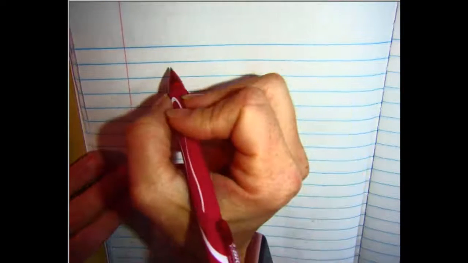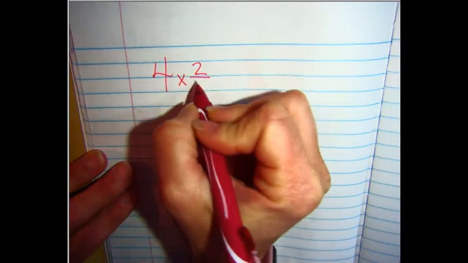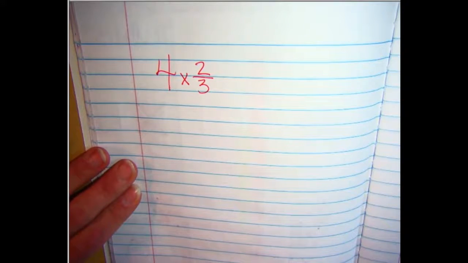So if we want to just use the standard way of multiplying 4 times 2/3, maybe I don't want to draw 4 circles and divide them up into 2/3 each, or 4 rectangles and make 2/3 and add them all up together. This is the race car way to get you to the answer.